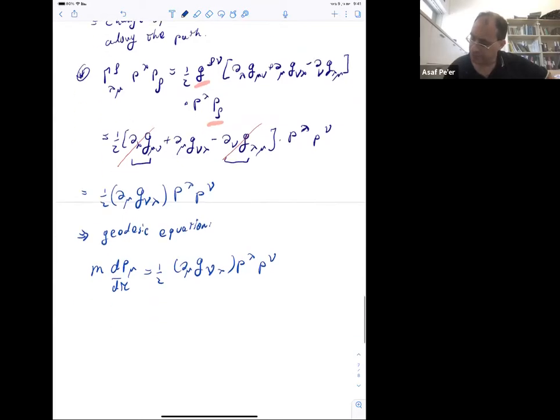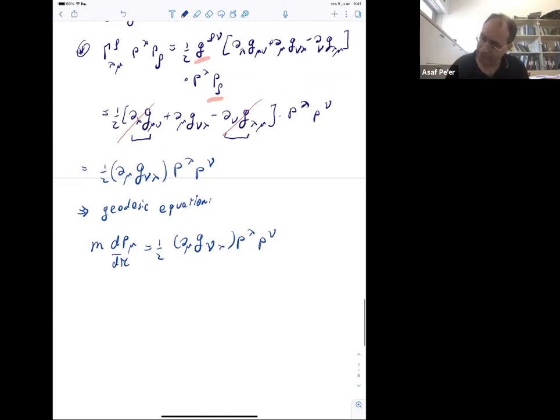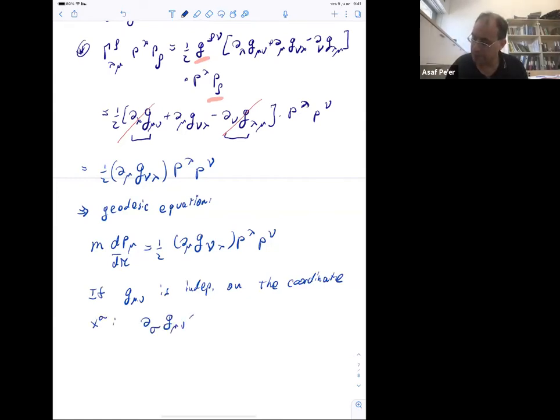Now we said, okay, if the metric is independent of the coordinate, so if the metric g_μν is independent of the coordinate x^σ, so ∂_σ g_μν is equal to 0, then what do we get?